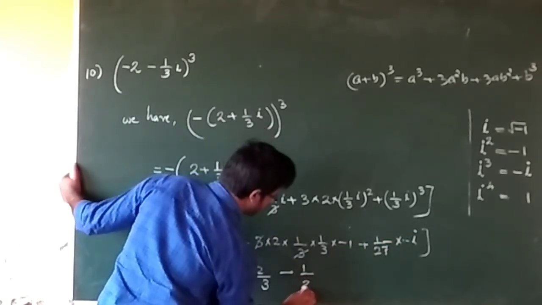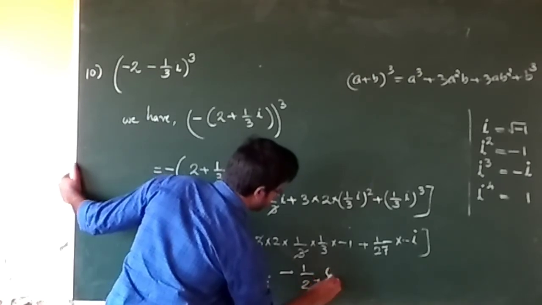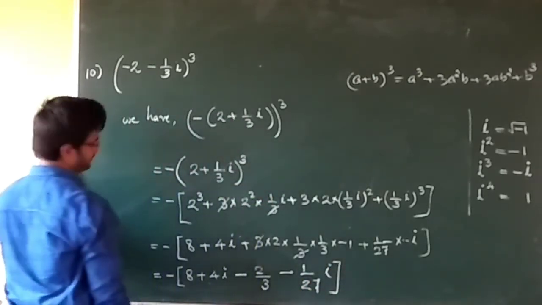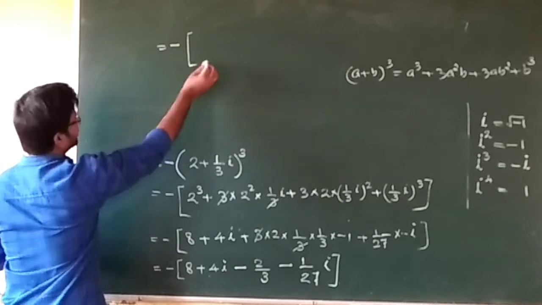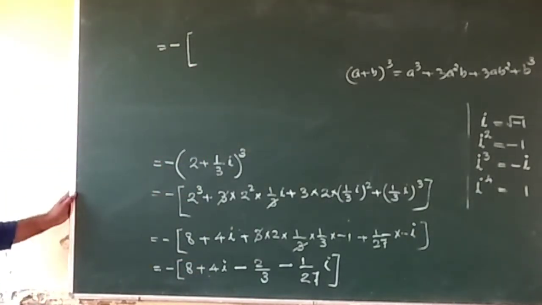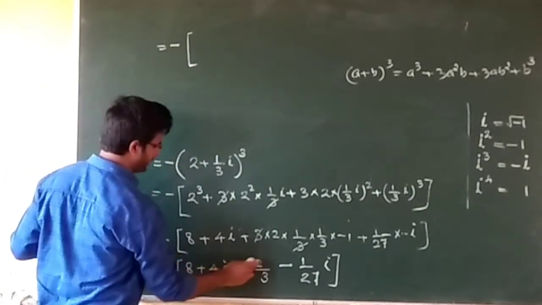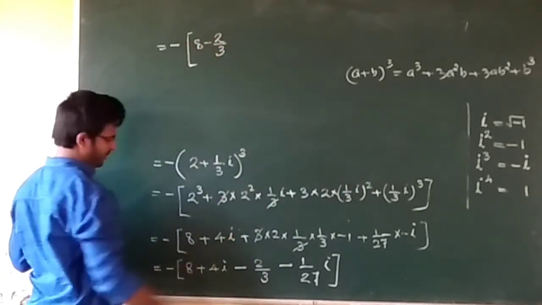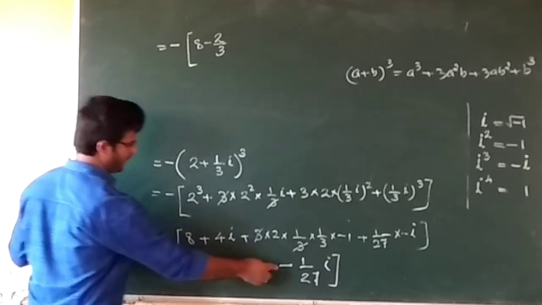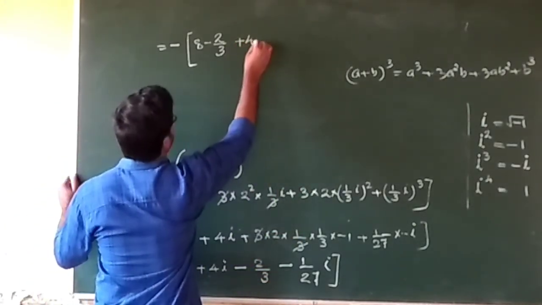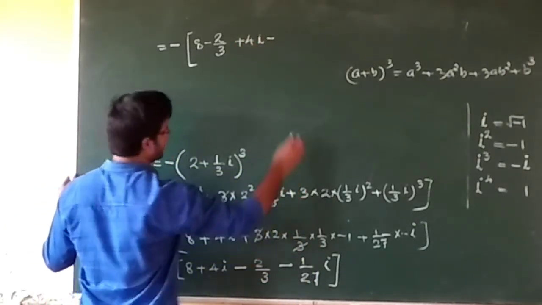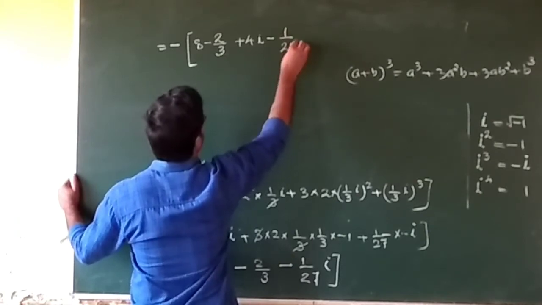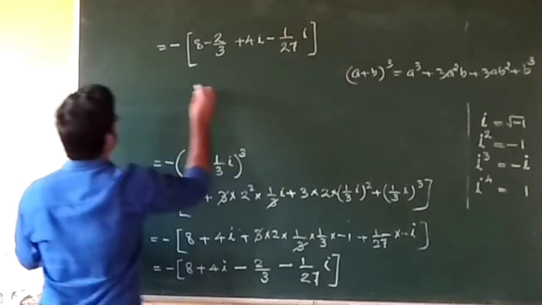Write the real part together, that is 8 minus 2 by 3. Then the imaginary part, that is 4i minus 1 by 27i.